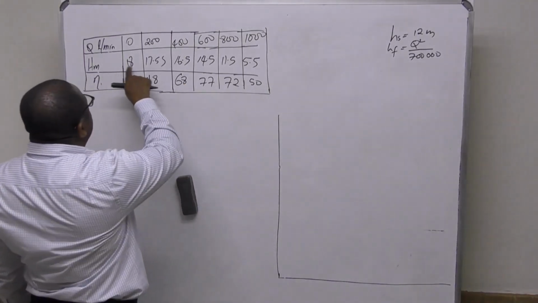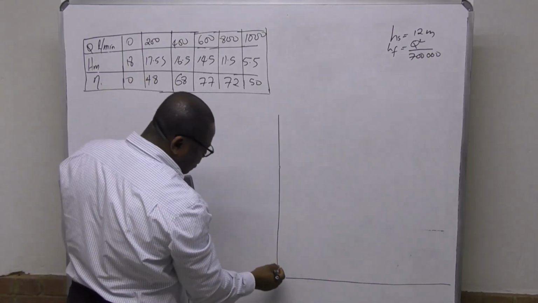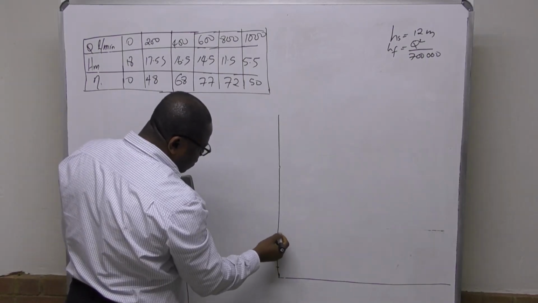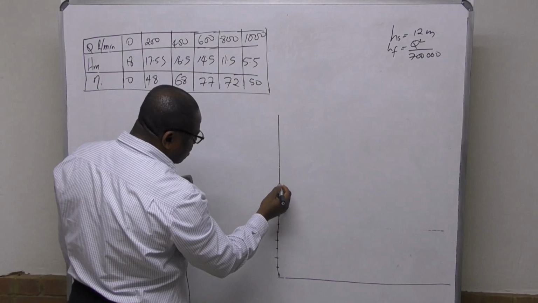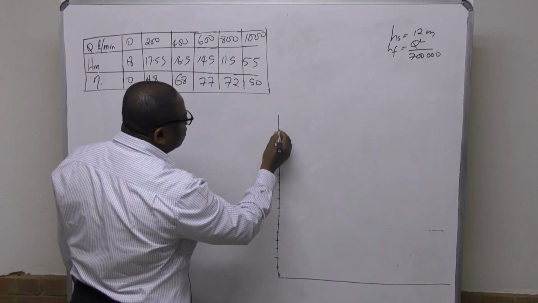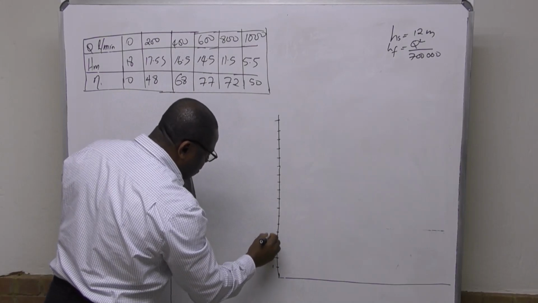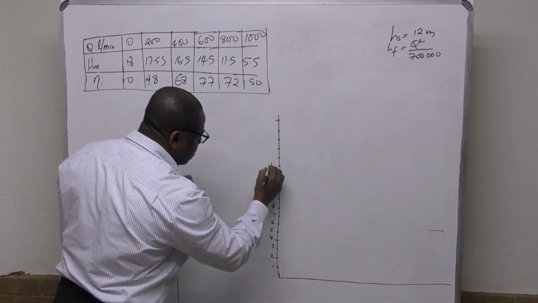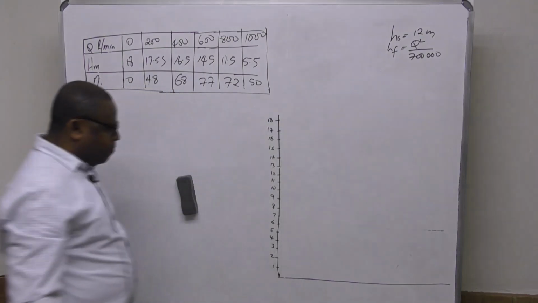The maximum head is 18, so I can divide this into 18: 1, 2, 3, 4, up to 18.